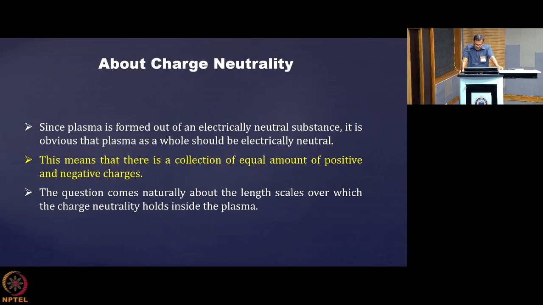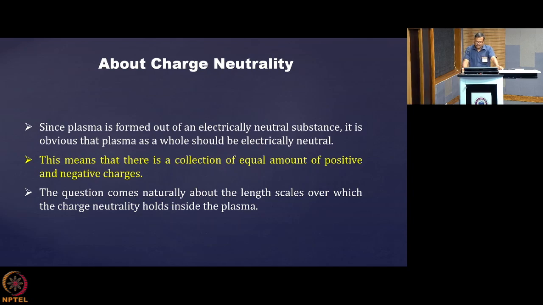Now it is a natural question, as I have already told in my previous class, that if we go inside and closer to an atom or an ion, then should we see the charge neutrality? Actually, that is not as you can think. Obviously, if we are very close to a charge, we must see the Coulombic field of that charge, and it should not be anything else other than that when the distance tends to 0.